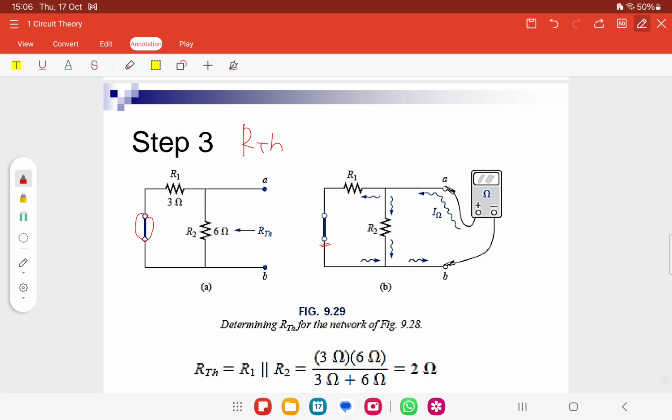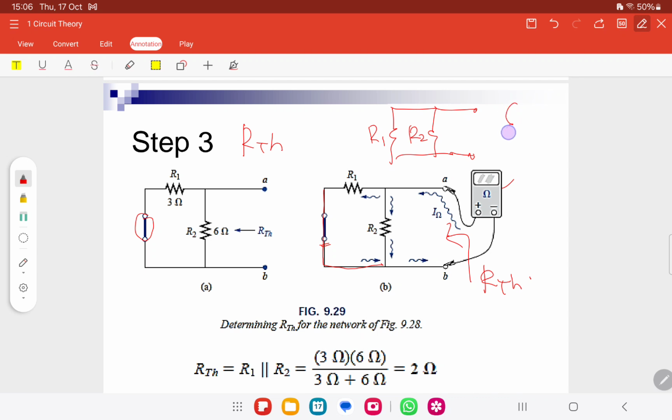Okay, so from there kita boleh dapat tak ada RTH. RTH tengok dari sini. Ni contoh kalau kita guna multimeter. Okay, so this one is considered as, kalau saya lukis macam ni boleh? R1, R2. Sama tak? Kan? This is same point kan?